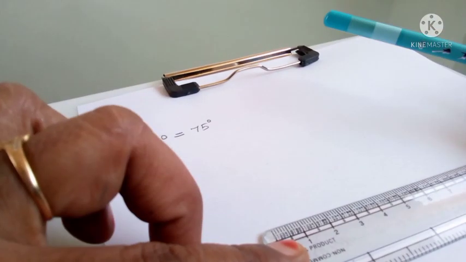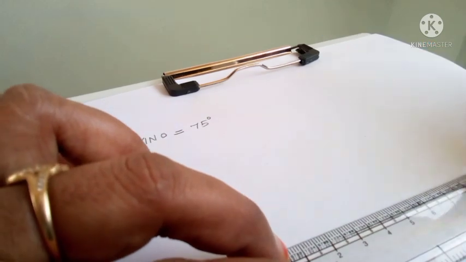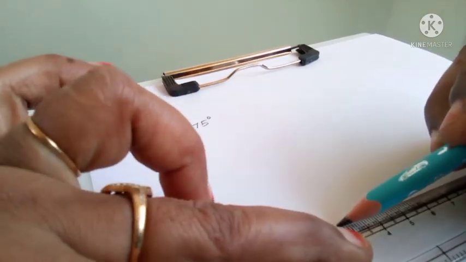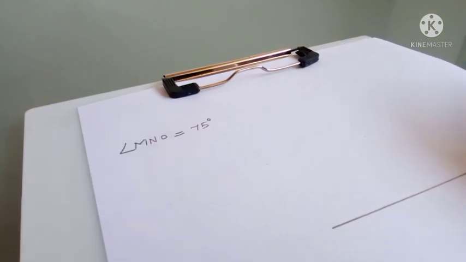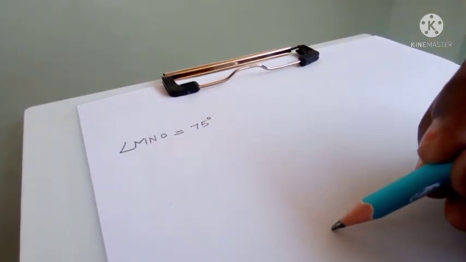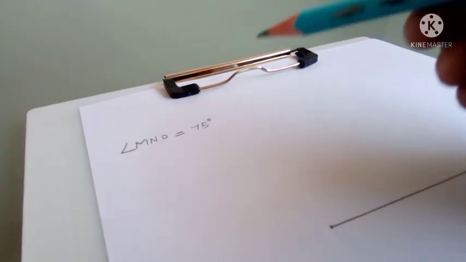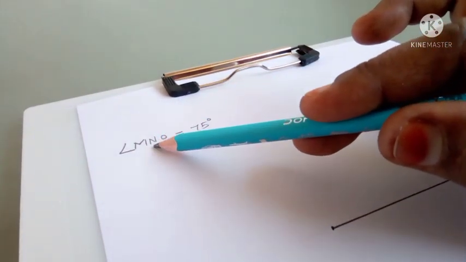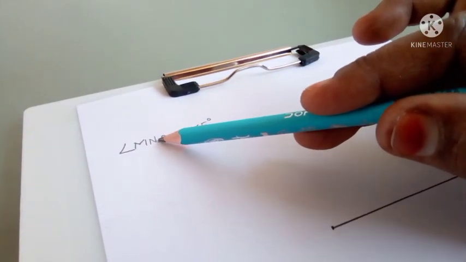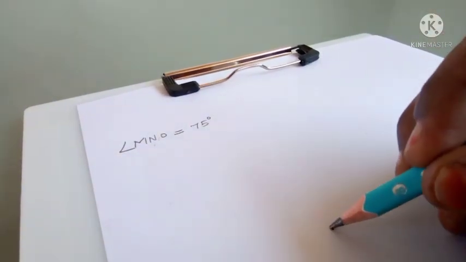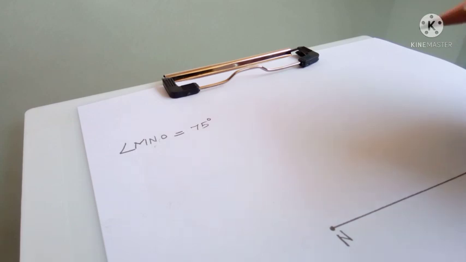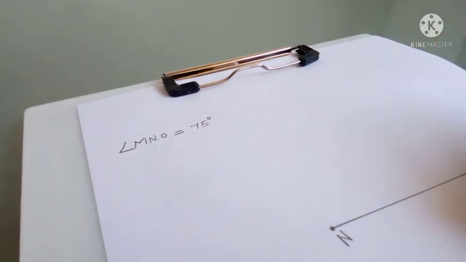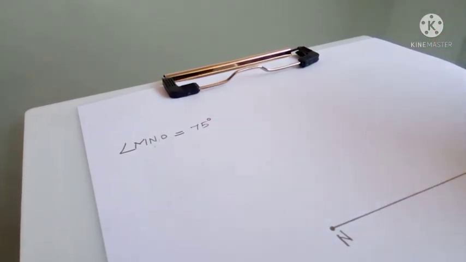First, draw the baseline. So I have drawn the baseline. I am going to make the angle here. So here it is given N. In the center we have the letter N. So I am going to mark the angle here. So we have to give the name N. And we can give the name M here or O.